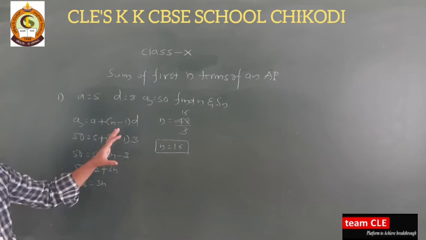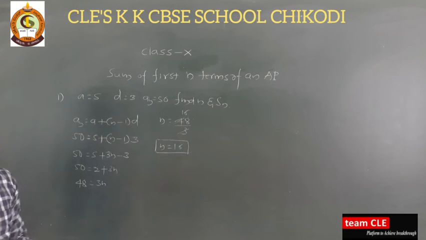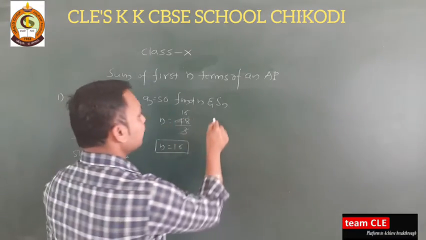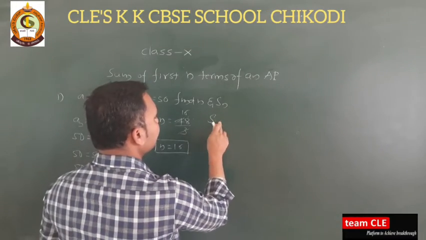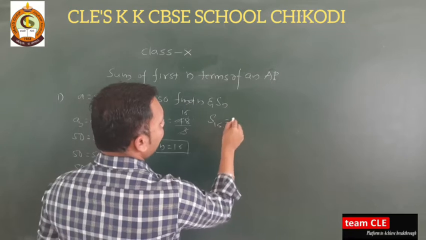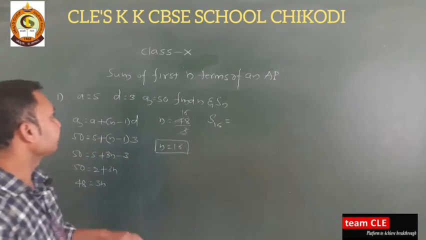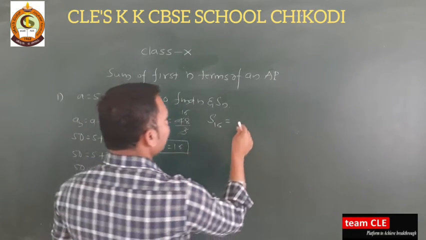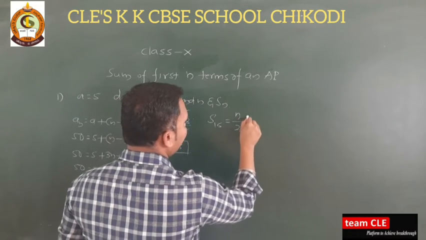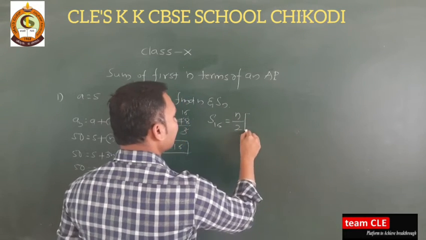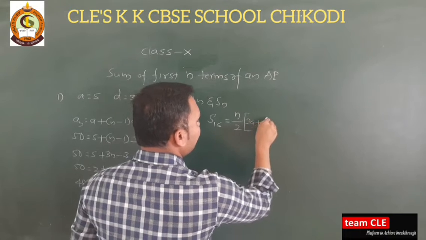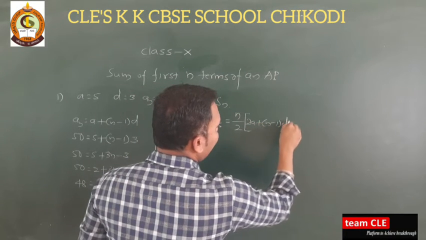Once we got n is equal to 16, what do we need to find here? Sn. So S of 16, already we have n is equal to 16. Here we have the formula n by 2 into bracket of 2a plus n minus 1 into d.